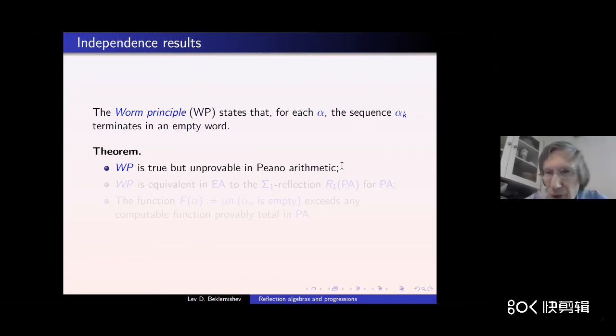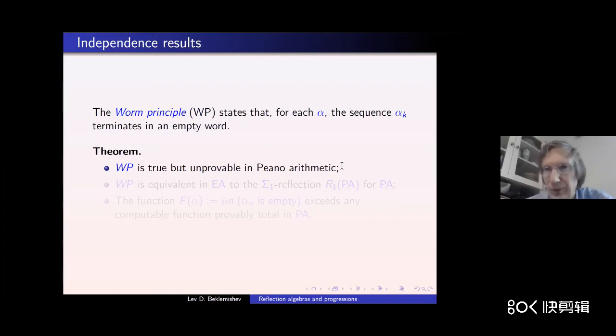And as I mentioned, the most interesting aspect of it is not so much that it actually is true, but rather that it is not provable in Peano arithmetic, or as I mentioned, by finitary means. So any proof of this mathematical statement, WP, must, according to the theorem, use methods not formalizable in Peano arithmetic.